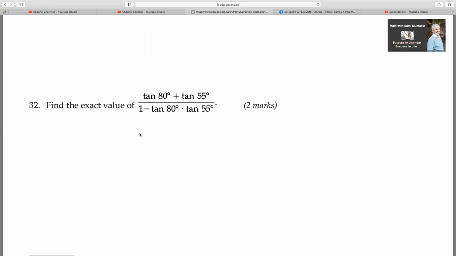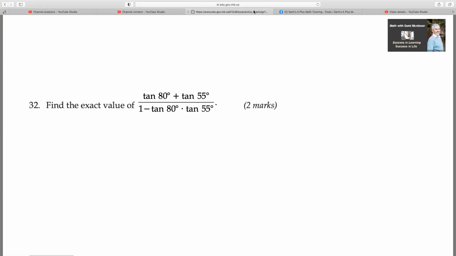What we could do, we go and look at our identity sheet. And our identity sheet has the tan of alpha plus beta. If you look that up, it gives you tan alpha plus tan beta over 1 minus tan alpha tan beta. So I'm going to write the identity right on top here.